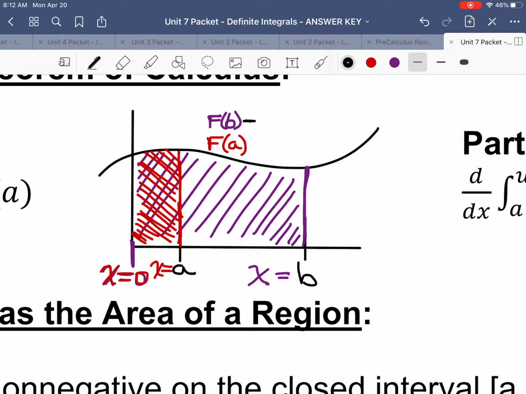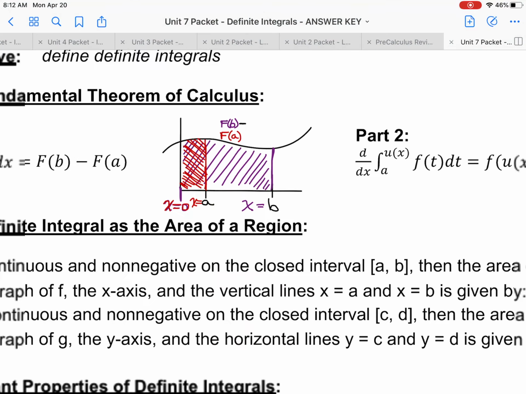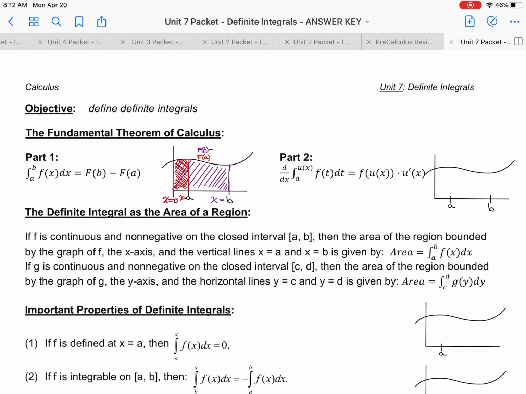So I'm going to subtract the area bounded between x equals b and x equals 0, and x equals a and x equals 0, those two regions, and what I'm going to end up with is the area in between the two. All right. Sort of a roundabout way of getting across probably a simple idea.